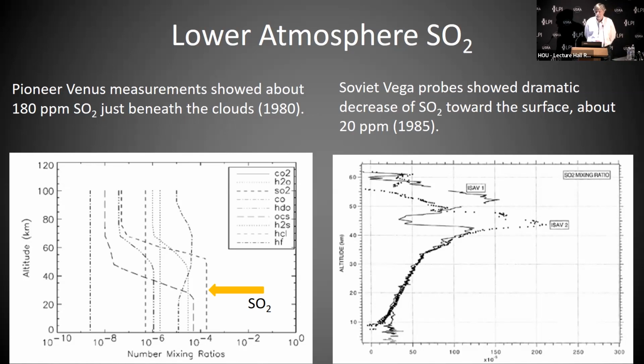But on the other hand, the Soviet Vega probes, both 1 and 2, showed a dramatic decrease of SO2 towards the surface. And this was using a very different technique, an in situ UV spectrometer that measured the SO2 abundance in a cell. And what they found, both for Vega 1 and Vega 2, is a monotonic decreasing SO2 abundance to something much lower near the surface.